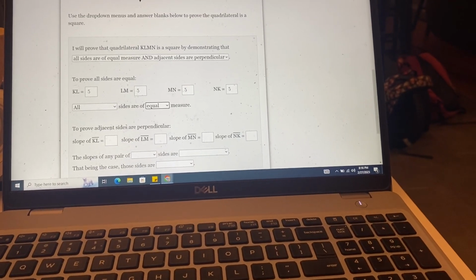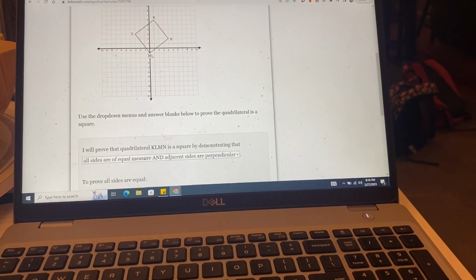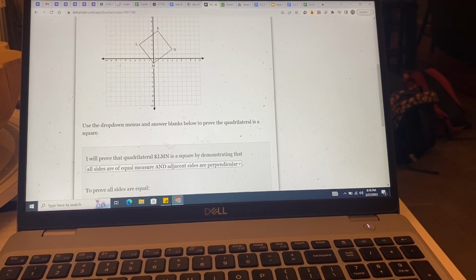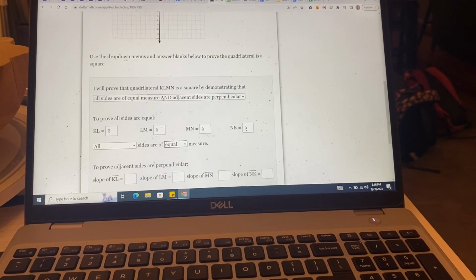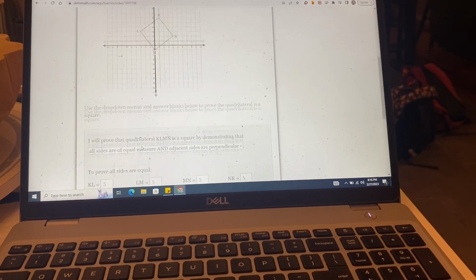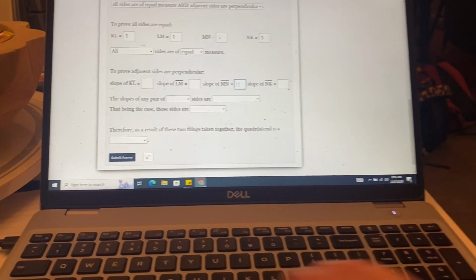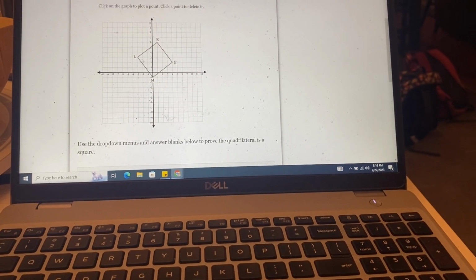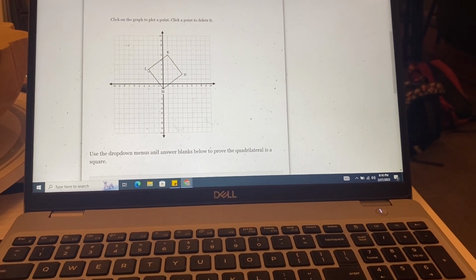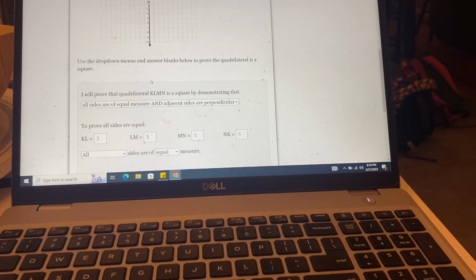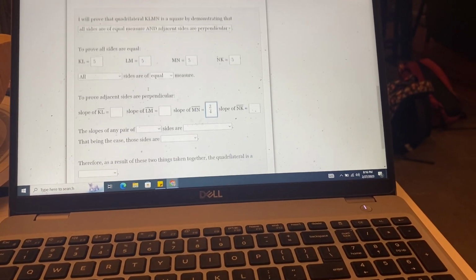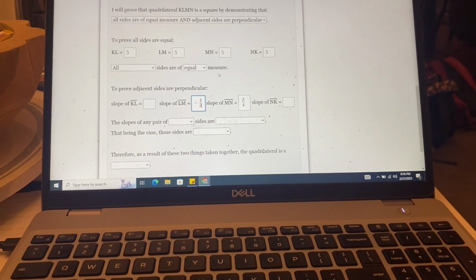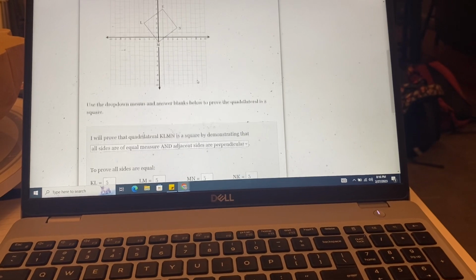To prove that the adjacent sides are perpendicular, I got to find the slope of each one. For M, I go up 1, 2, 3, and over 4. So from M to N, so MN, has a slope of 3 over 4. LM, by contrast, is going down 4 over 3. So LM, that's a negative 4 thirds. And I should be able to kind of fill these in because I know how they come out.